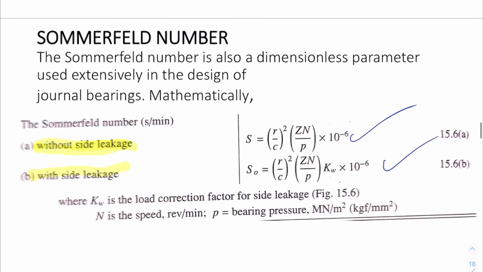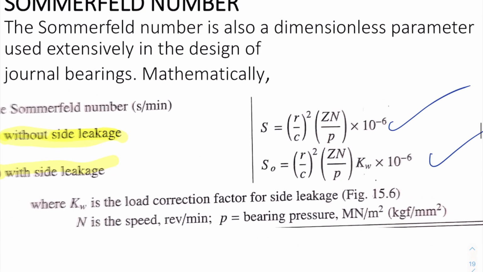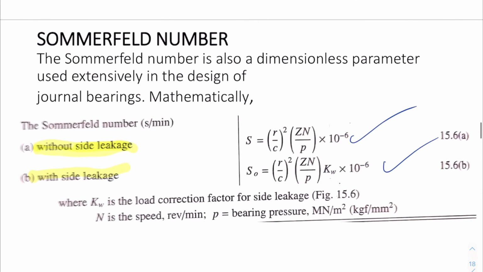So here we have variables like R by C, ZN by P, and this Kw. All these values will be available in your data books, and you can make use of this number. The reason that we are finding this number is that by using this Sommerfeld number, you can find many other variables.